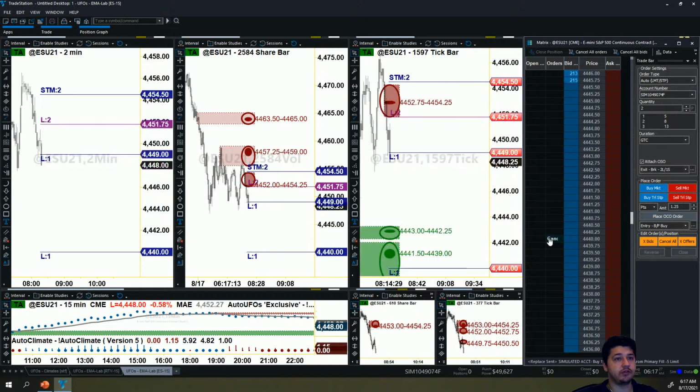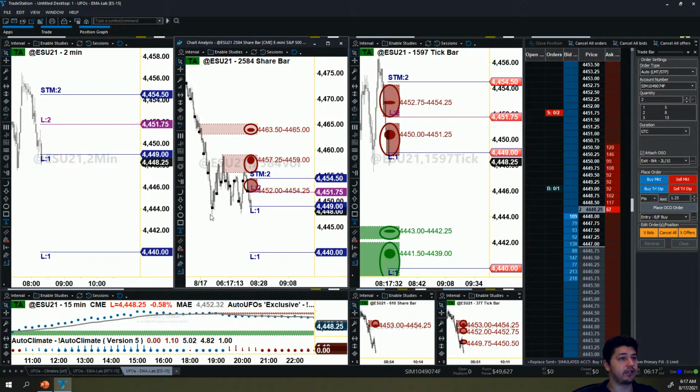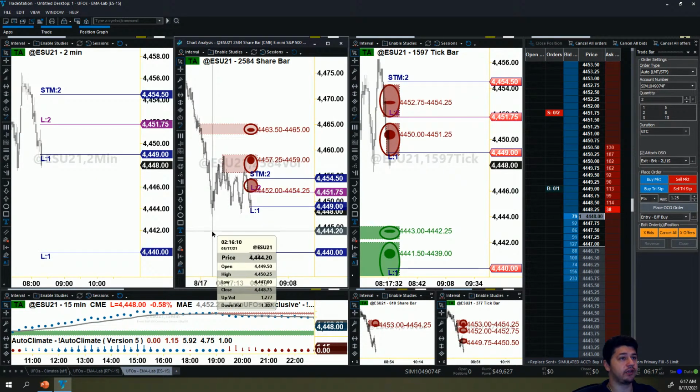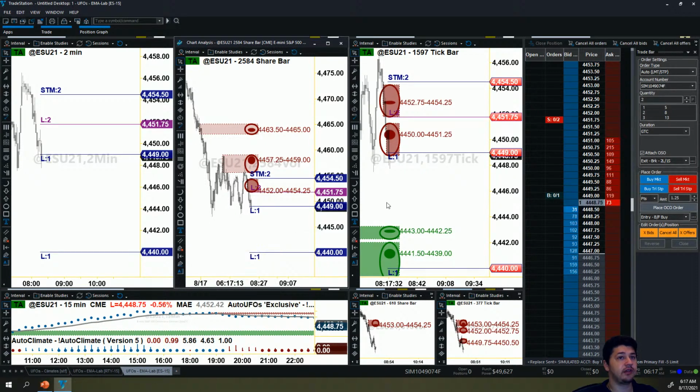And our T2 is at 44.40. Okay, now the ES is testing these lows right here, from overnight lows, the low being 44.47, that being the Globex low right there.